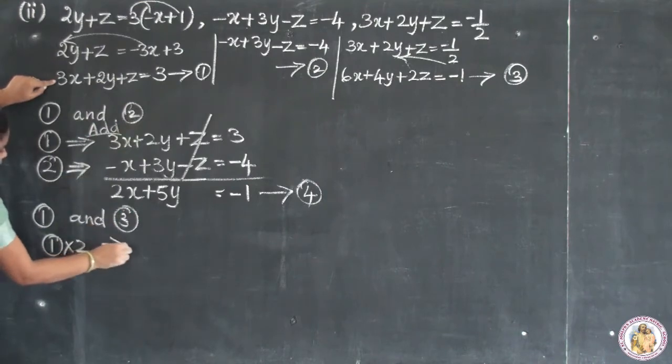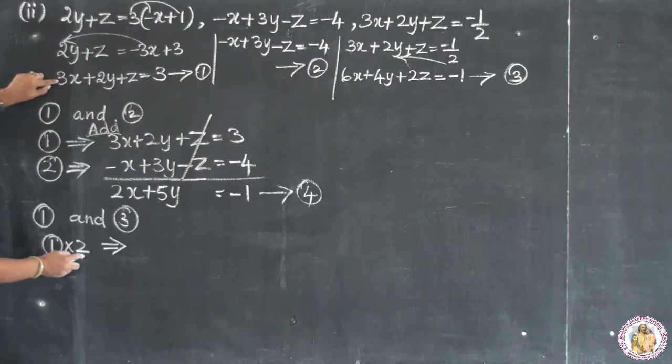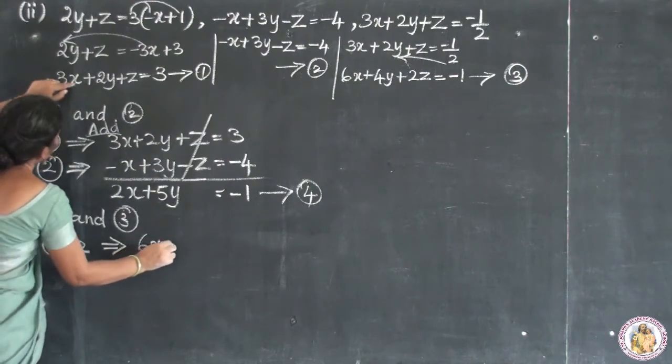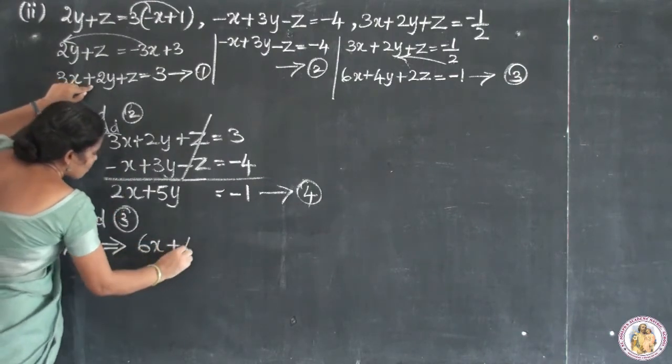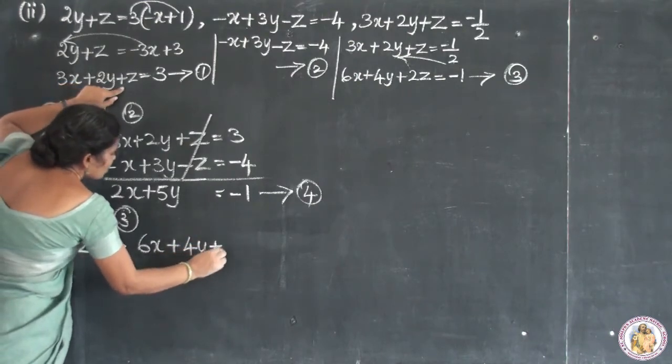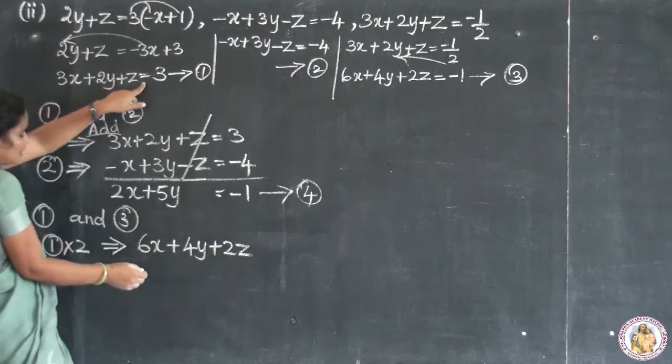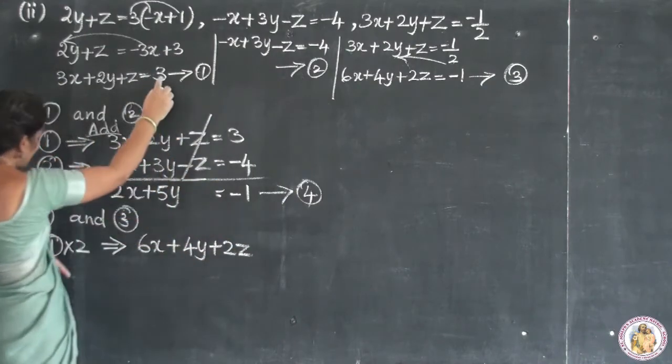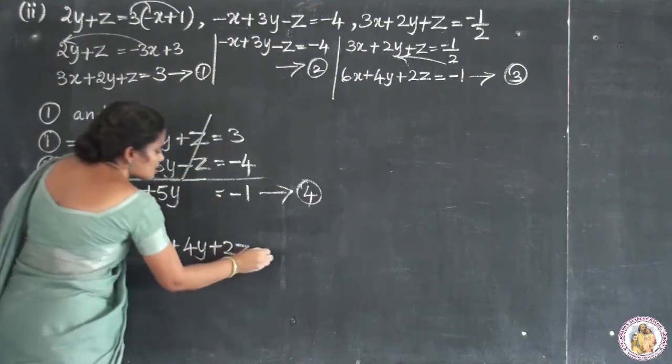So the first equation is multiplied into 2. 2 3s are 6x plus 2 2s are 4y plus 2z is equal to 2 3s are 6.